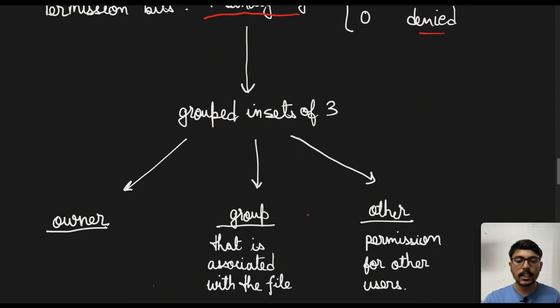Next, we see that in these 3 sets, the first set is that of the owner. The first 3 bits will denote what access permissions the owner has. It is important that in Linux or Unix file systems, even the owner of the file can restrict himself from accessing the file from the next time.